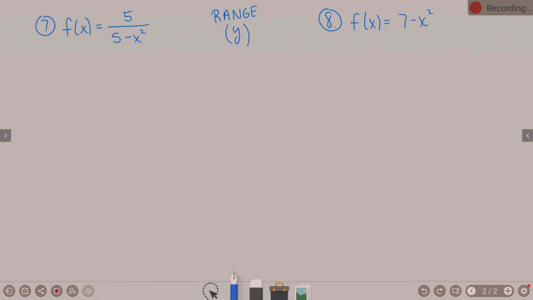On the range, my best suggestion is that you graph it. So as I graph this first one, 5 over 5 minus x squared, you have your calculator, right? You can graph it to see what it has.